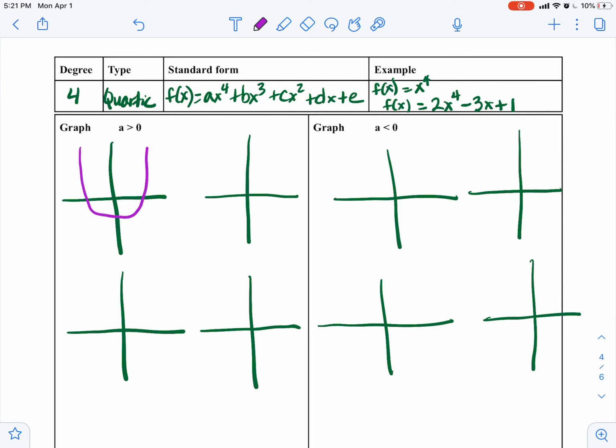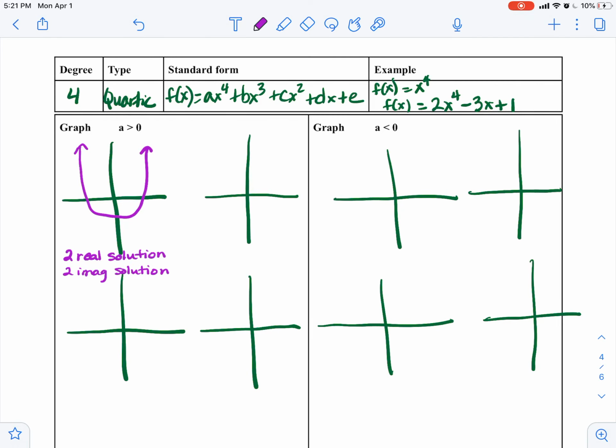They're more flat, I would say. They're not flat, they look more flat. So in this case, I would have 2 real solutions, and I would have 2 imaginary, because again, I've got to have 4.